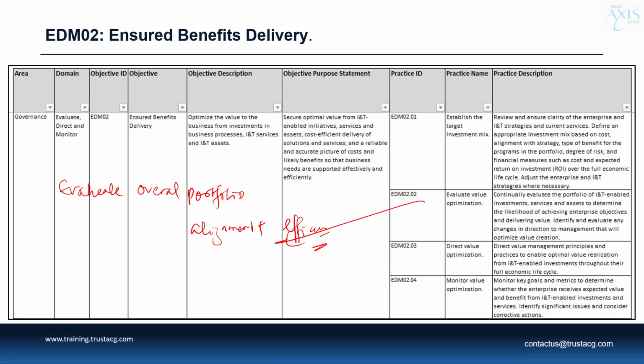This will ensure that the organization is investing in the right mix of initiatives and will help you achieve at least an outcome or capability level of 4. Having an evidence based assessment of whether your IT is delivering measurable business value, and whether adjustments are required to maximize the realization of the benefits, is what this particular practice strives to achieve.